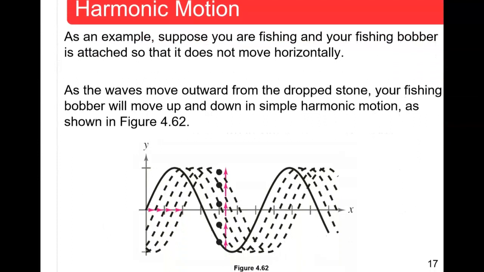As an example, suppose you are fishing and your fishing bobber is attached so that it does not move horizontally. As the waves move outward from the dropped stone, your fishing bobber will move up and down in simple harmonic motion. And that is the pattern that we could see here, shown in figure 4.62.